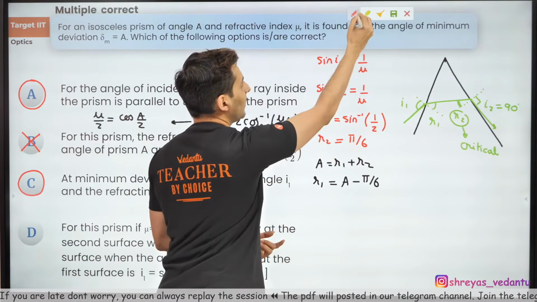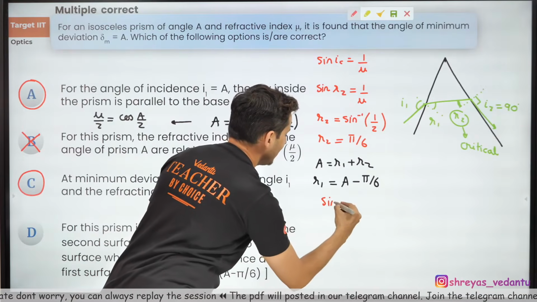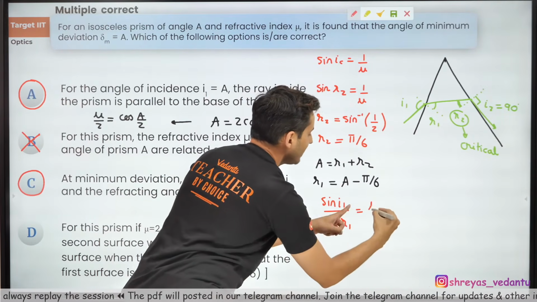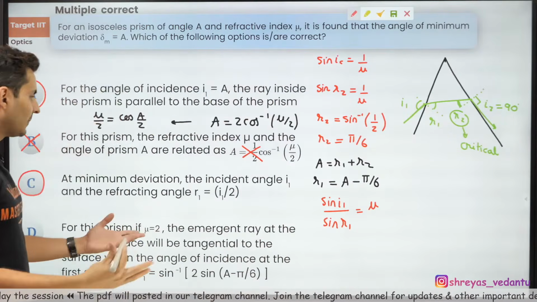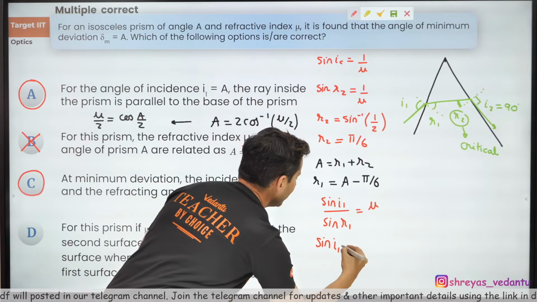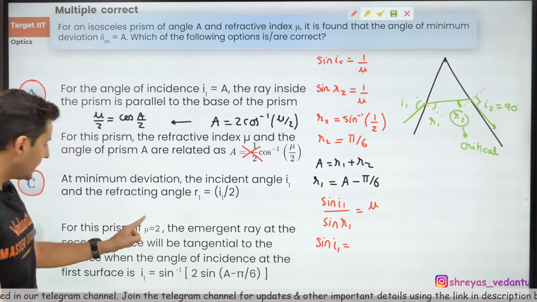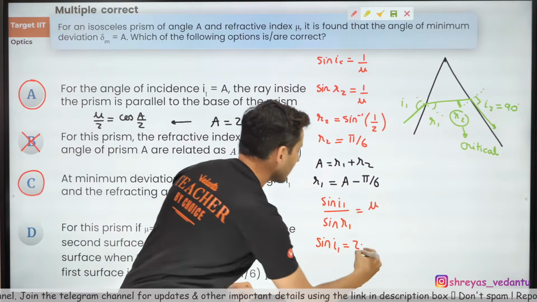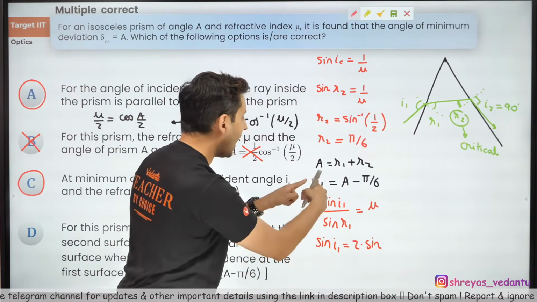Well, use Snell's law. So by Snell's law, sine of I1 by sine of R1 will be refractive index mu. That's it. So guys, what you need to do is sine of I1 is mu. Mu is given to be 2. So just put 2 over here into sine of R1.